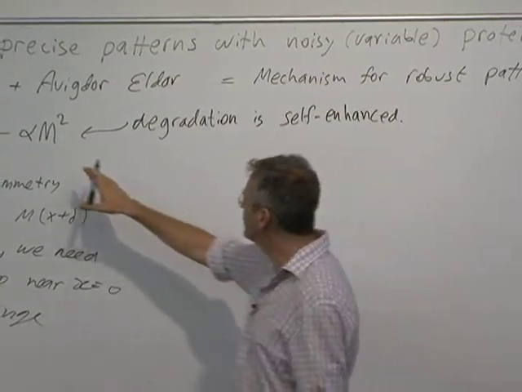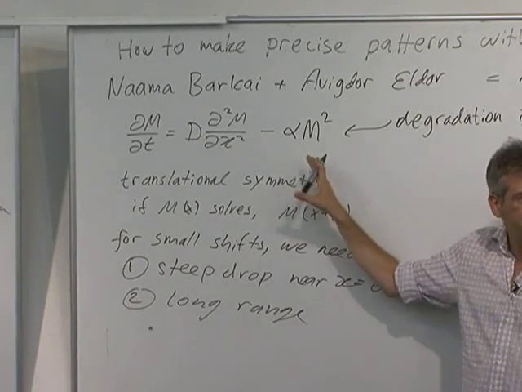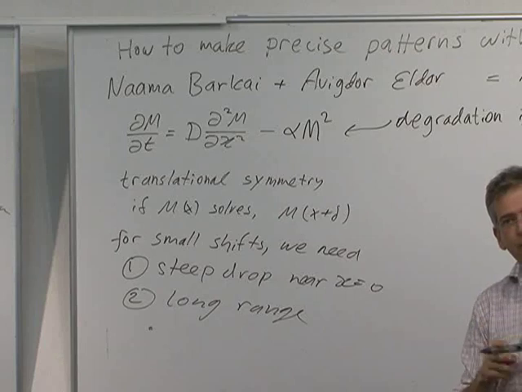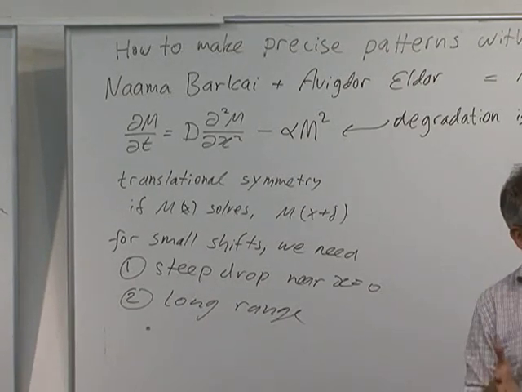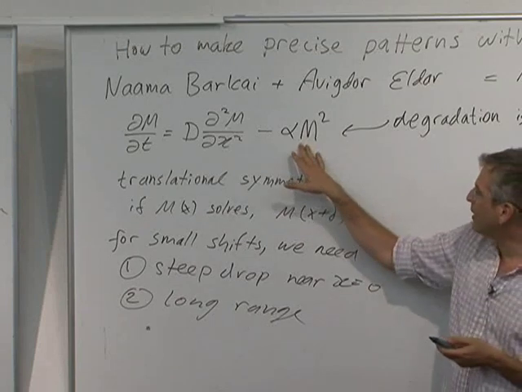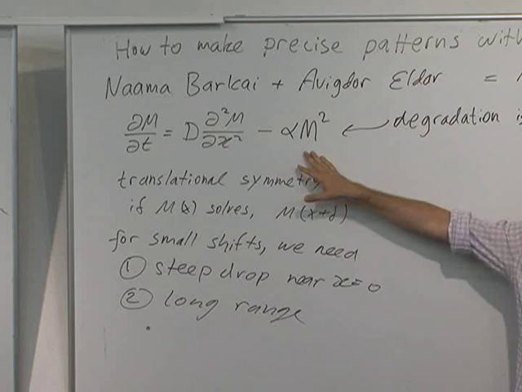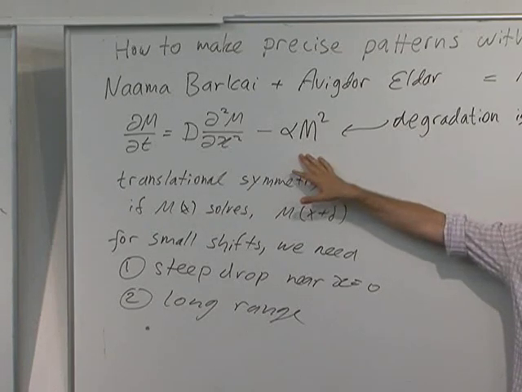So what's going on here? Instead of regular degradation, which is linear in the concentration, which means each morphogen has a certain clock, or let's say a typical time after which it's degraded, in this case, it goes like m squared: the higher the concentration, the bigger the chance for degradation.